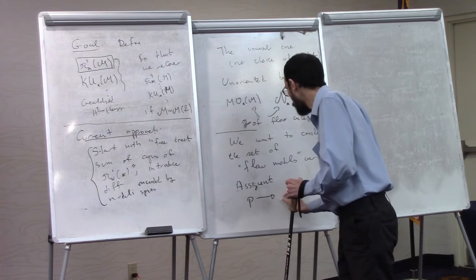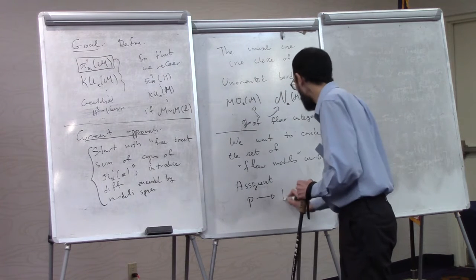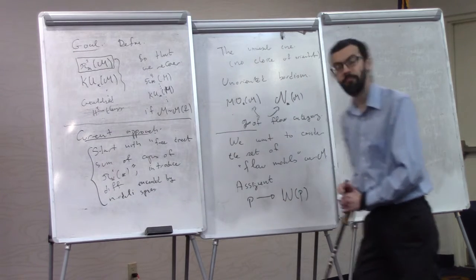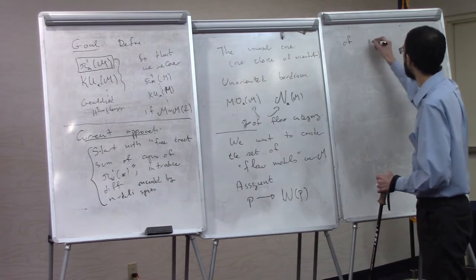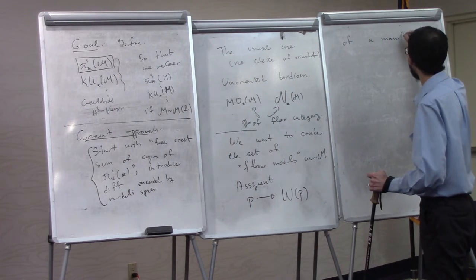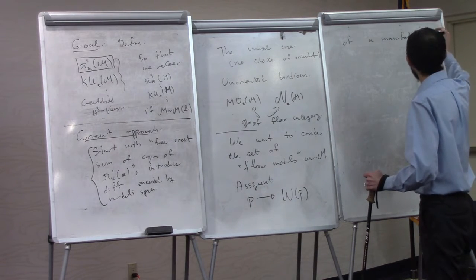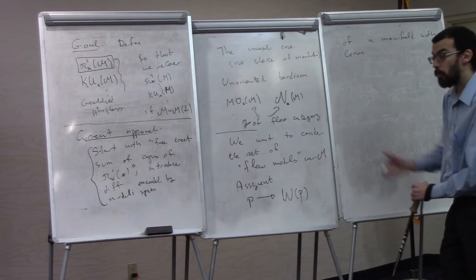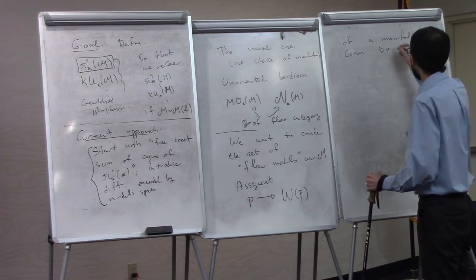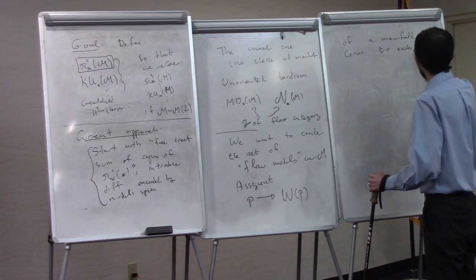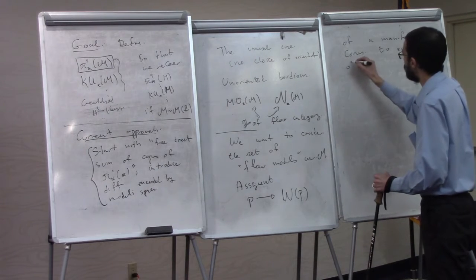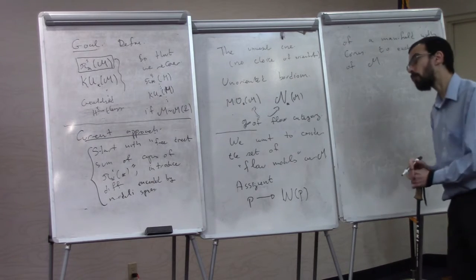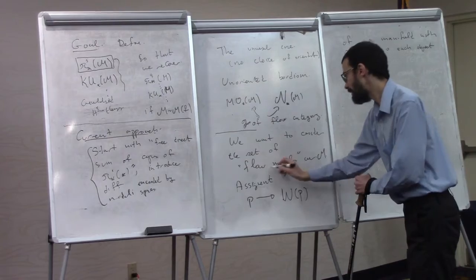What they are, simply, is an assignment. P goes to W_P, a manifold with corners, to each critical point, to each object of our category. And now we need one more piece of data, because I already said it's a module.